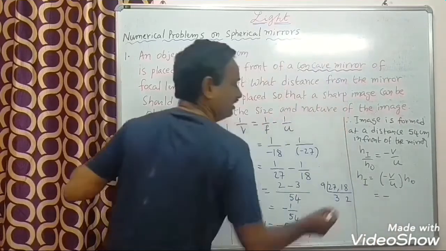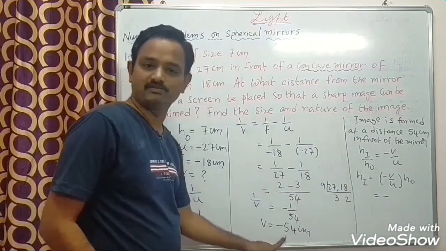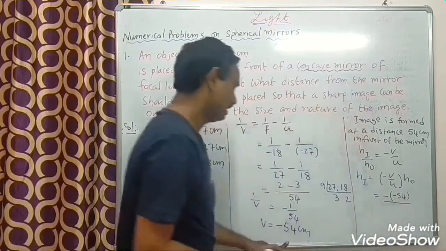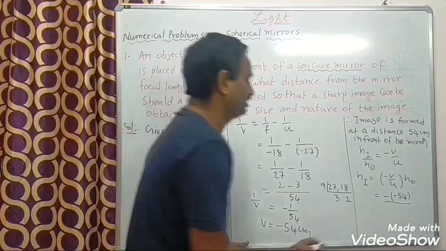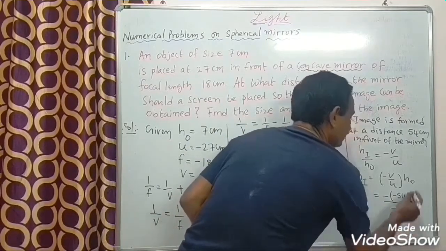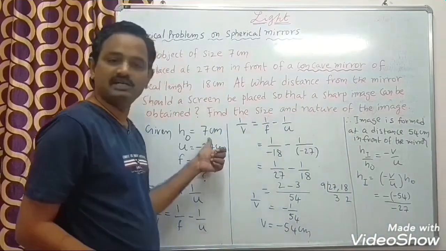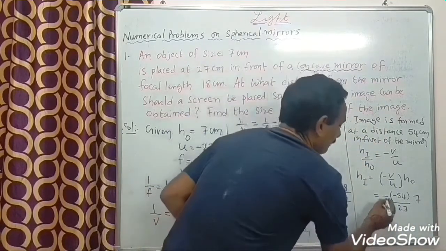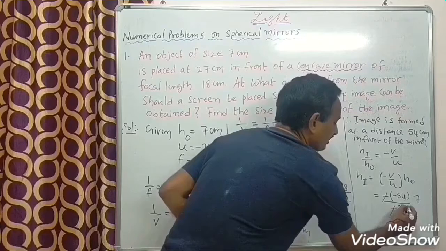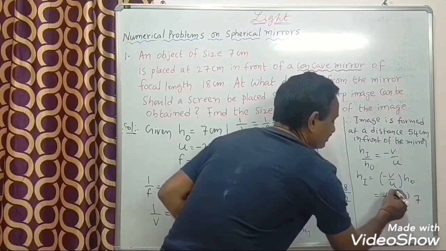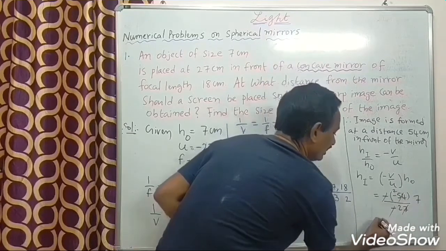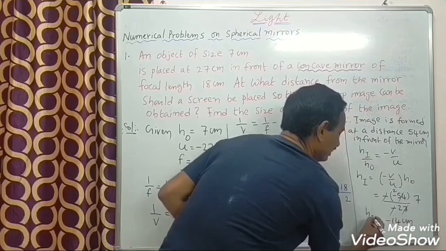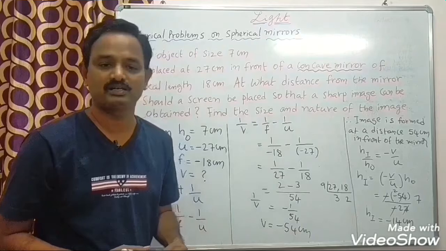For v I got minus 54, so minus 54 by u, which is minus 27, times h naught, height of the object, that is 7 centimeter. Here minus minus cancel. 27 into 54 cancels 2 times. 2 into 7 is 14. So I got minus 14 centimeter.